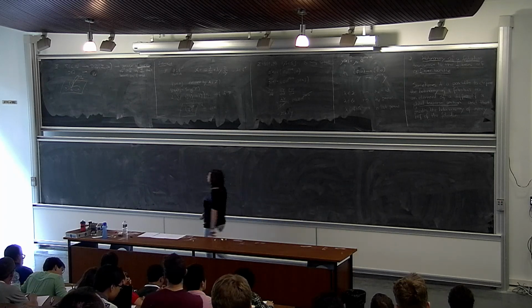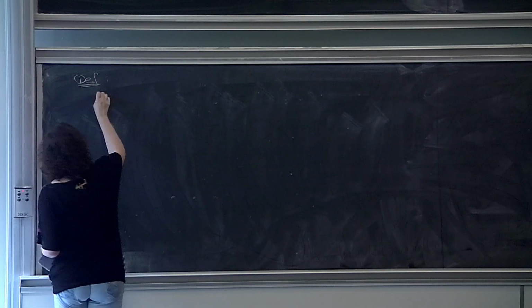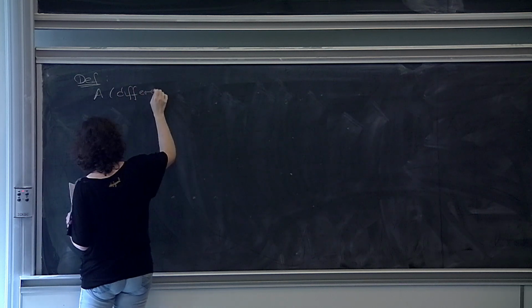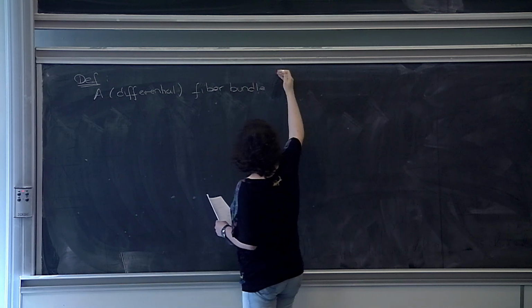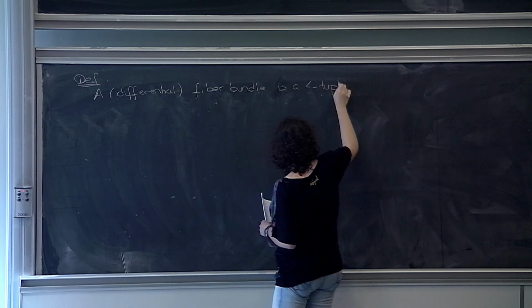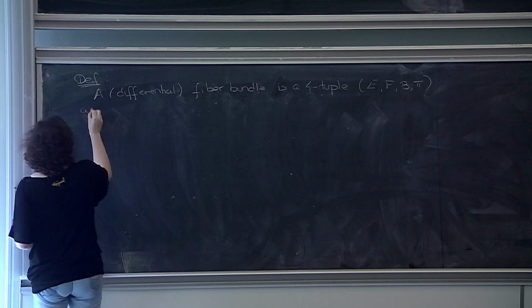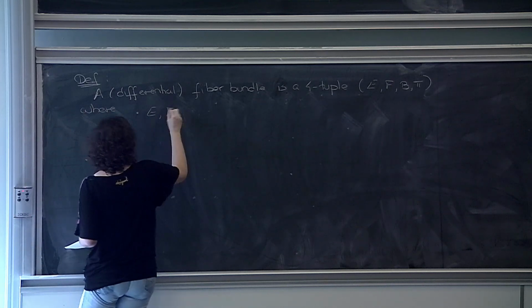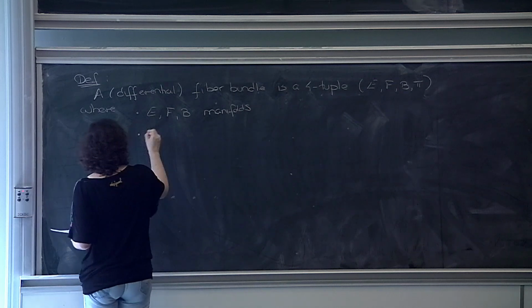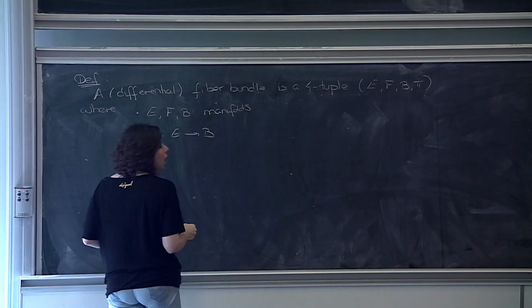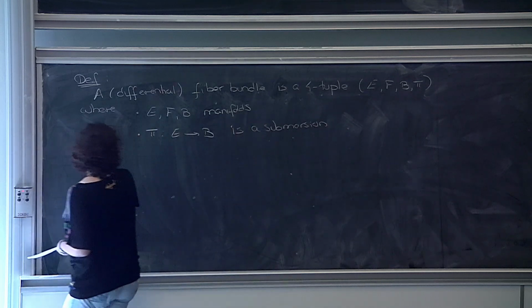So, to begin with, I'm going to define fiber bundle. A differential fiber bundle is a four-tuple E, F, B, pi, where E, F and B are manifolds, pi goes from E to B and is a submersion, and satisfying the following condition.